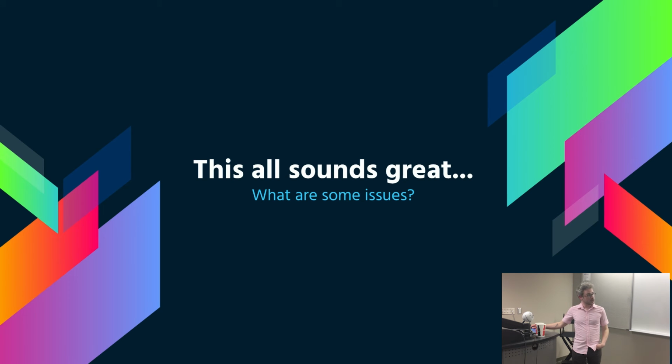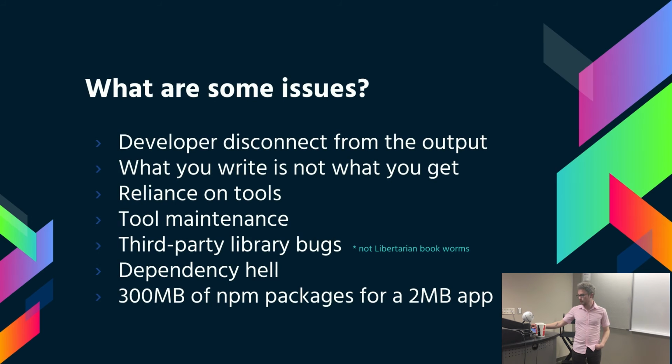So all this should sound pretty great to you, but there are a couple issues. There is a developer disconnect from the output. It is not very common for a person to actually physically open their compiled code and take a look at it. Typically, you're just looking at the error that it threw and the location that the source map threw you to.